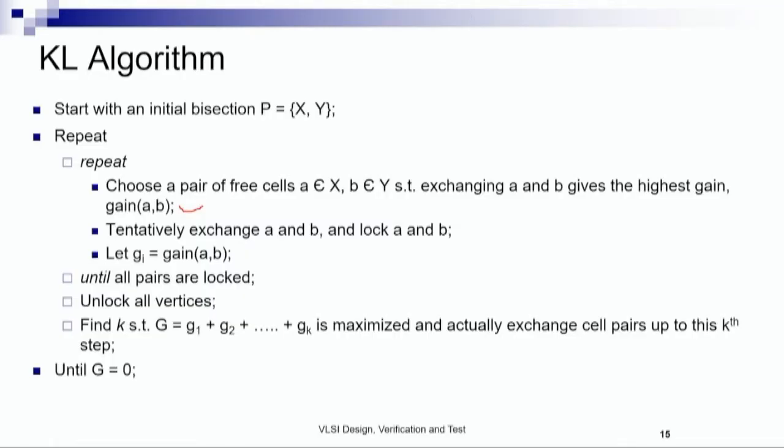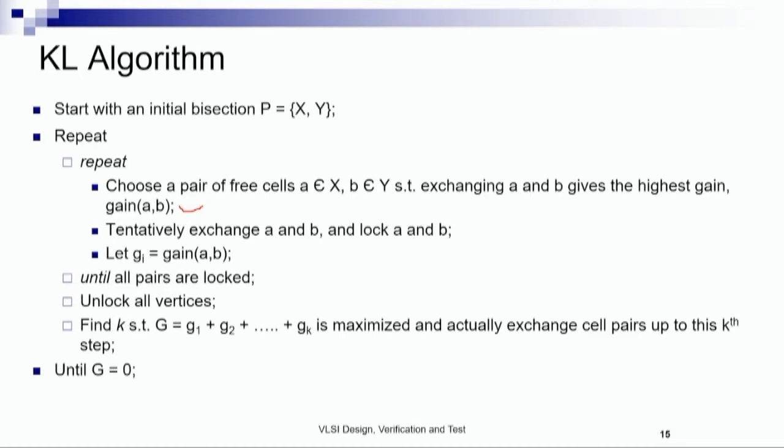The Kernighan and Lin algorithm starts with an initial bisection P = (X, Y). So X is one partition and Y is the other initial partition. So initially we will randomly choose n vertices and put in X, and the other n vertices and put in Y, and get an initial partition.